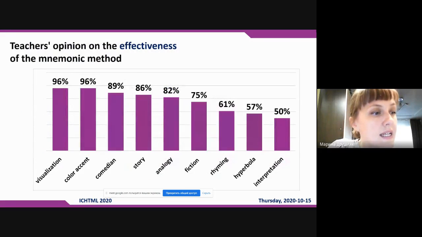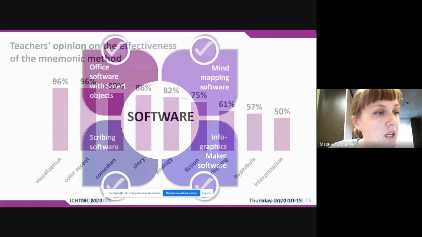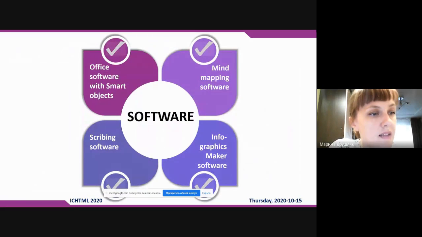On the slide you can see the teachers' opinion on the effectiveness of the mnemonic methods. Based on the teachers' opinion that the amplification method and the visualization method are the most effective, we turned our attention to software which can be used to create visual models.